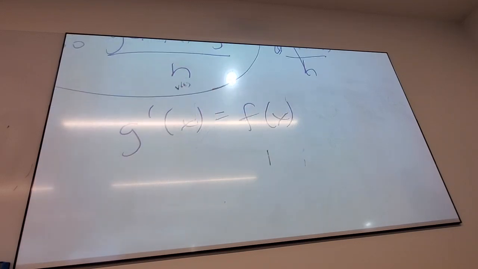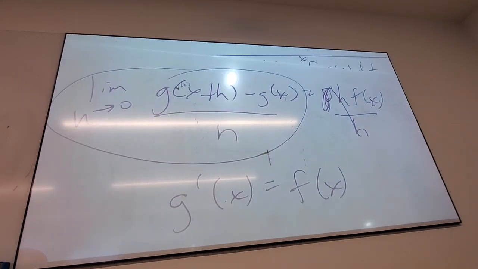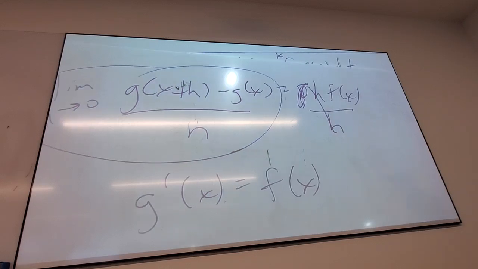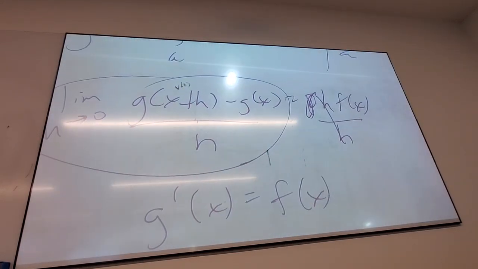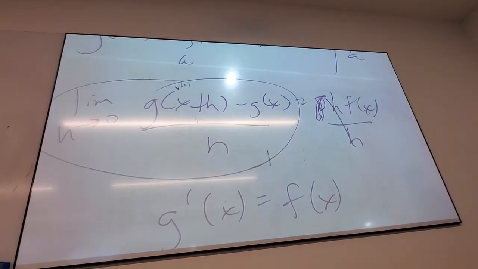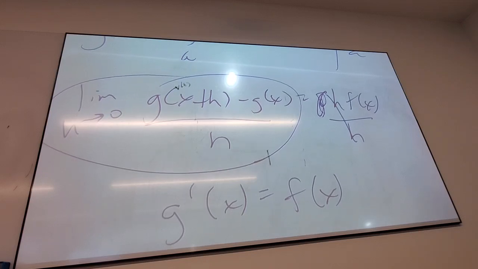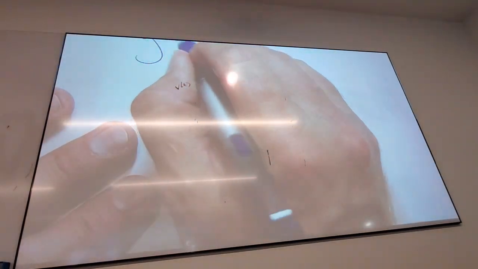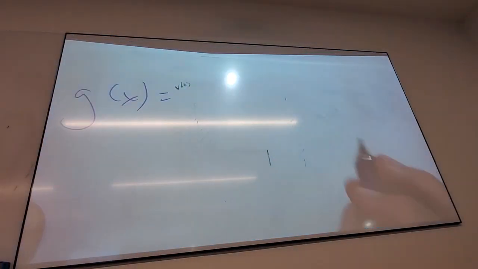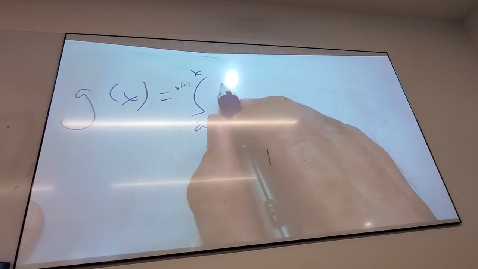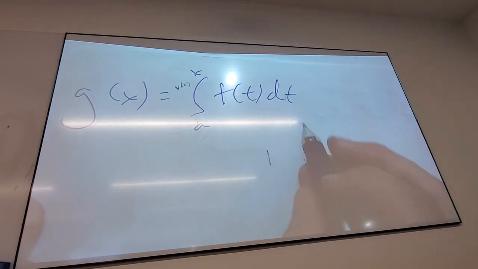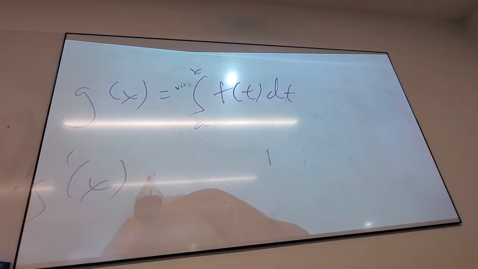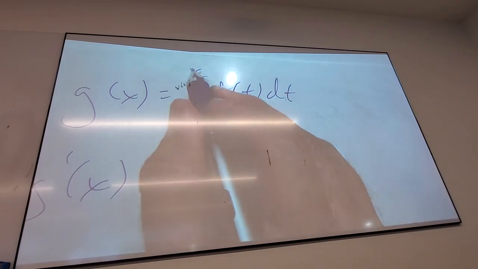All right, let me let you guys write this down. Let me summarize what we just did. So everybody got what they want from that? Okay, and again, this is all derivation, you don't have to do it again, but if I define g of x to be the integral from a to x of f of t dt, the derivative of that is just f evaluated at this endpoint.